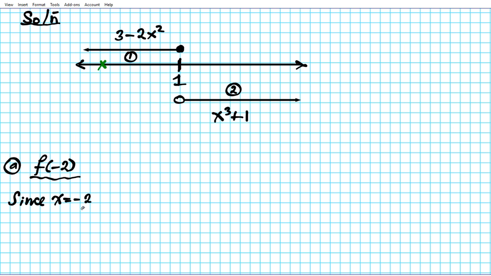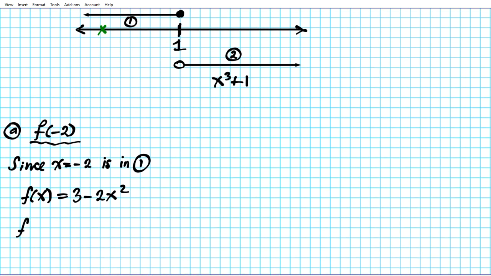So we have a situation where the input is in interval 1. So x equals negative 2 is in 1, this area right here, all numbers less than 1. So the function is going to attain the value 3 minus 2x squared.